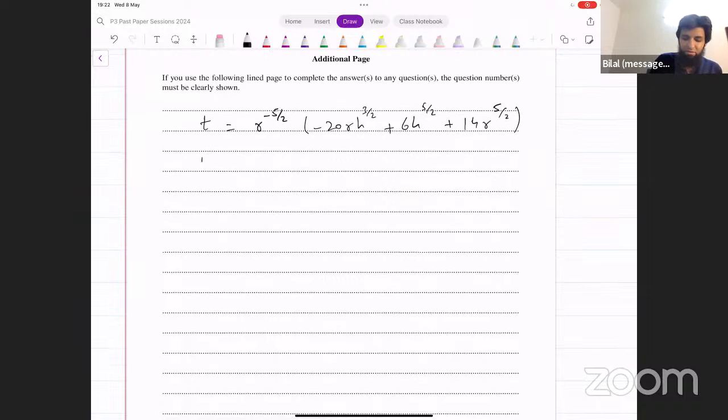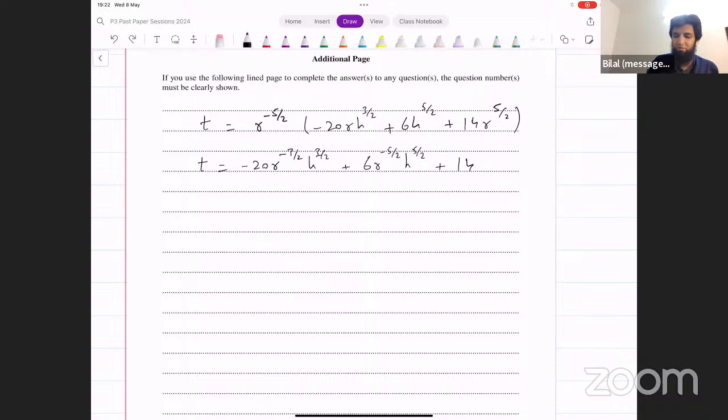You could simplify this. You could multiply that r inside if you wanted. If you do that, it becomes minus 20 r raised to power minus 5/2 plus 1. That's minus 3/2 into h raised to power 3/2 plus 6 r raised to power minus 5/2 into h raised to power 5/2 plus 14 into r raised to power this into r raised to power this.